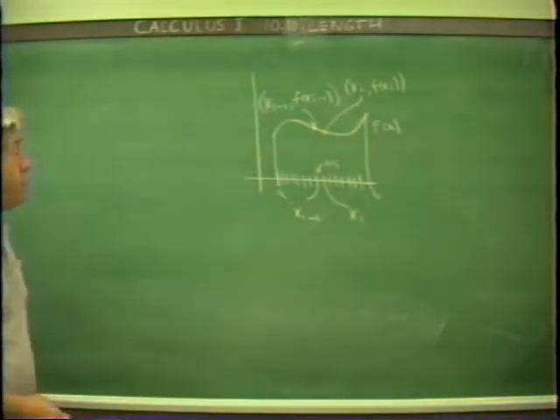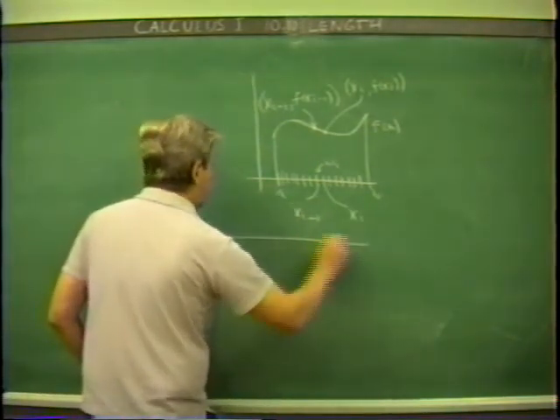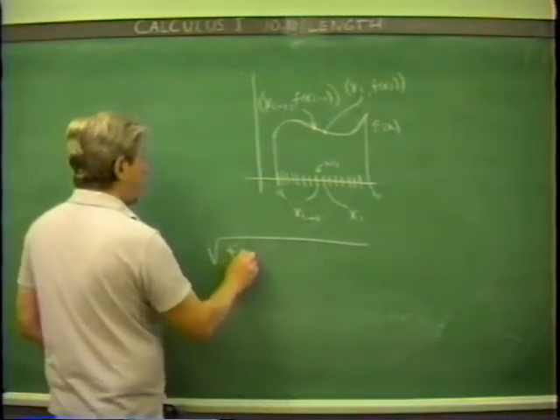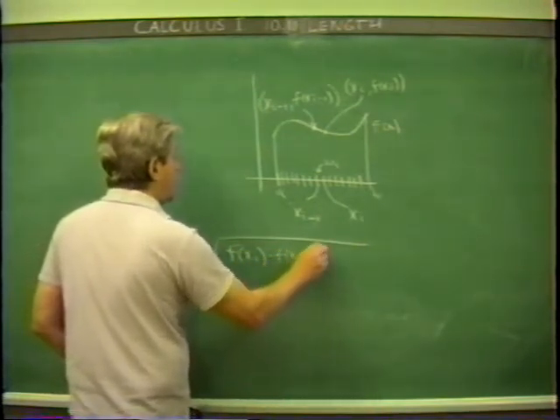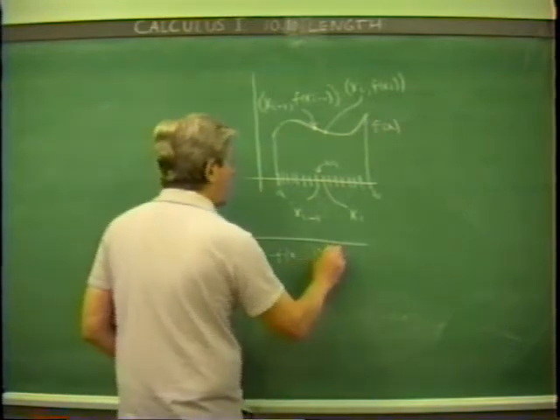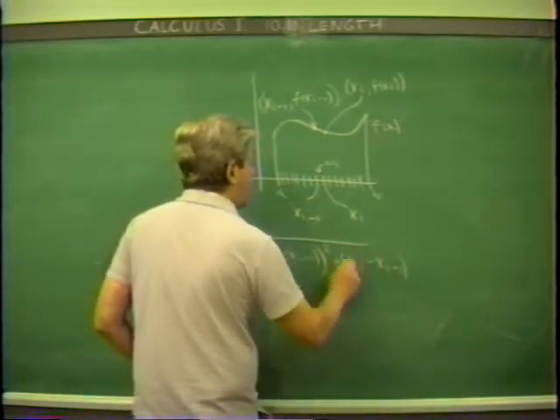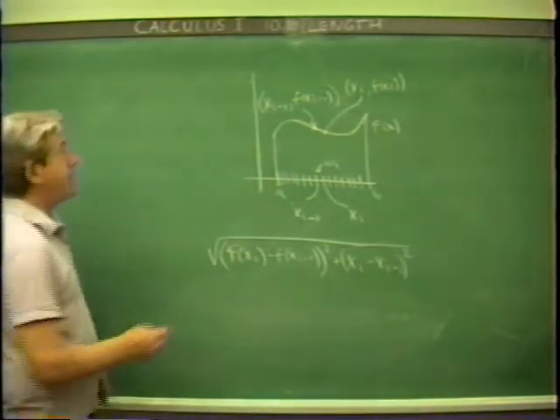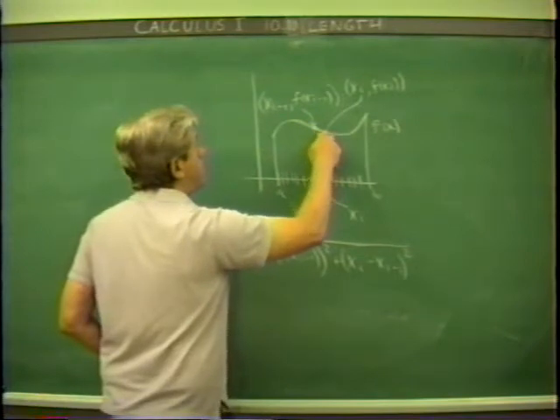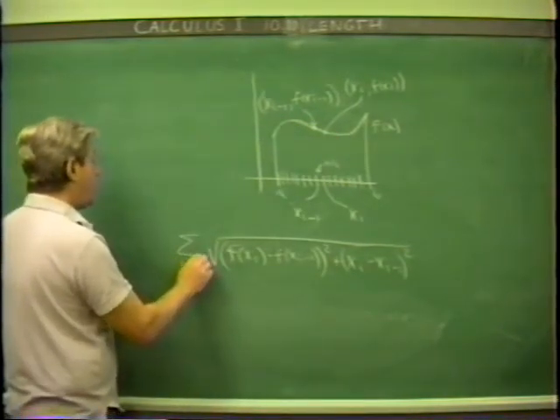Okay? So if we approximated this with a little line segment connecting them, the length of the line segment would be the square root of f of x_i minus f of x_{i-1} quantity squared plus x_i minus x_{i-1} quantity squared. That would be the approximate length of this if this was a relatively smooth curve.